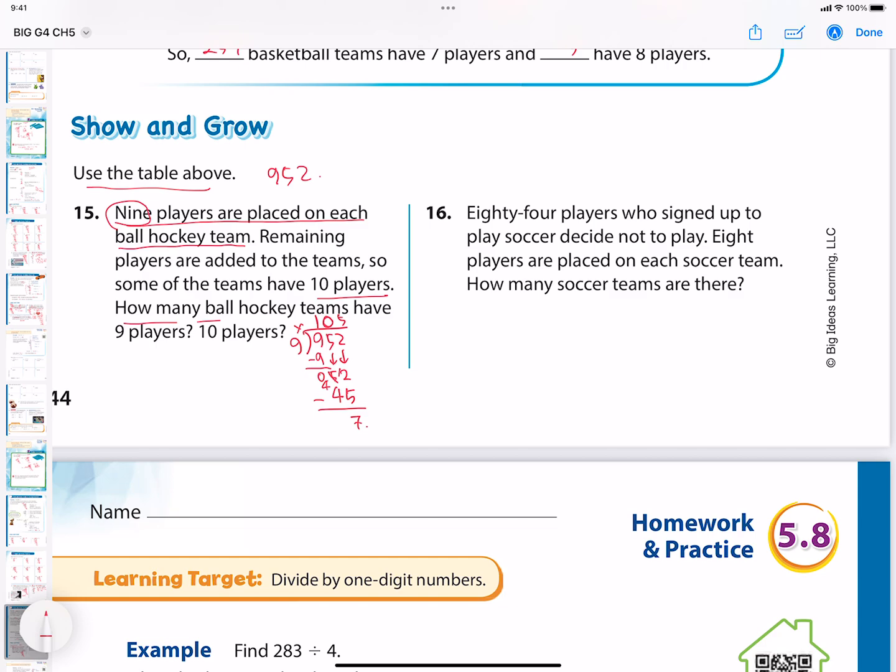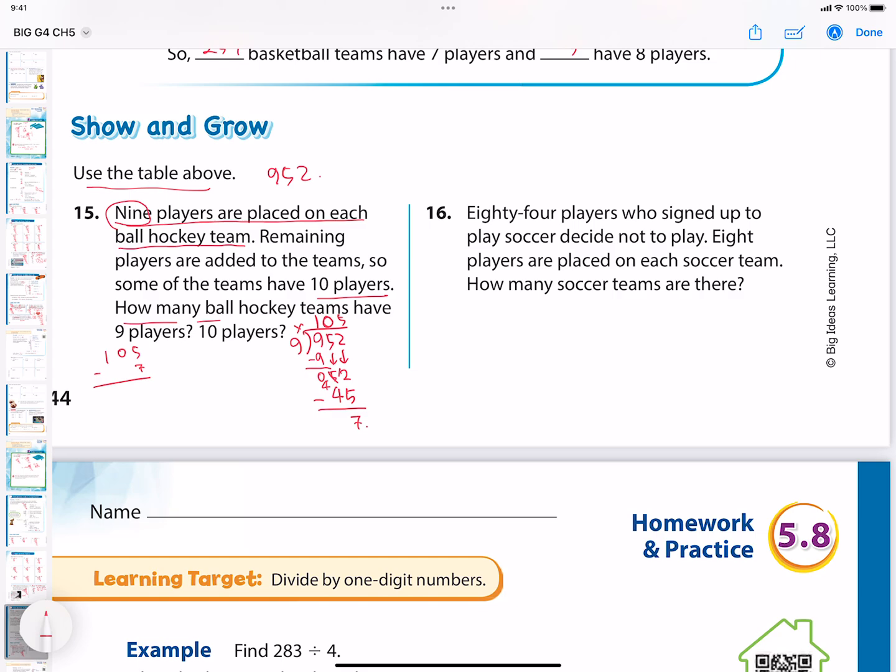So that means 105 teams together, but then 7 teams are going to be having 10 players instead of 9 players. So let's take away 805 teams, but then you need to subtract 7 teams because 7 players are going to be in each team, one more than others.